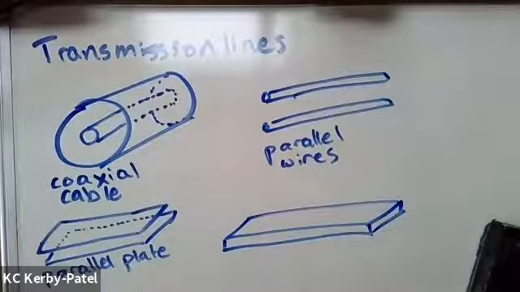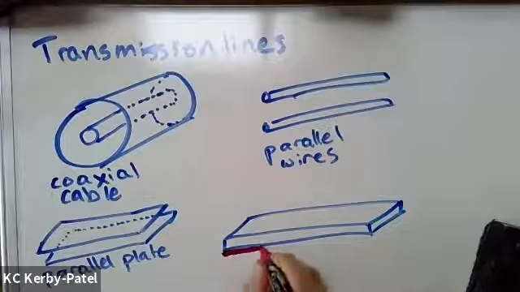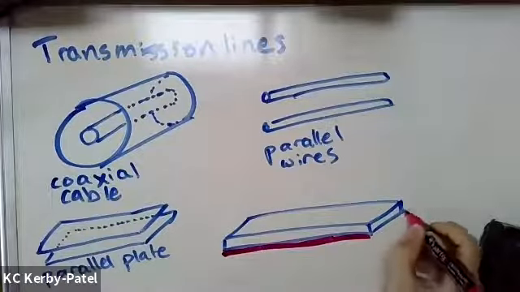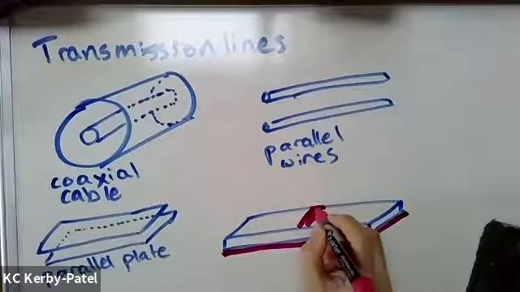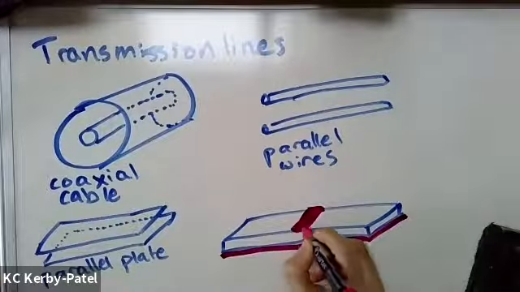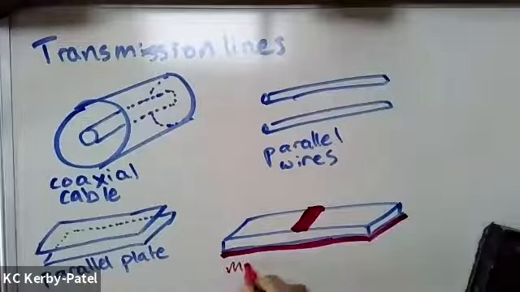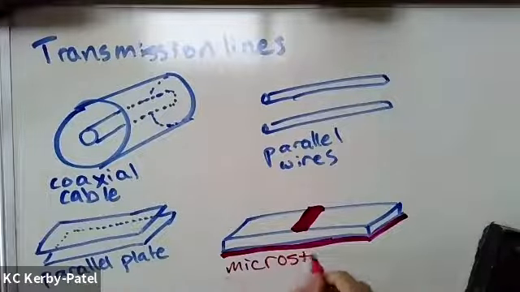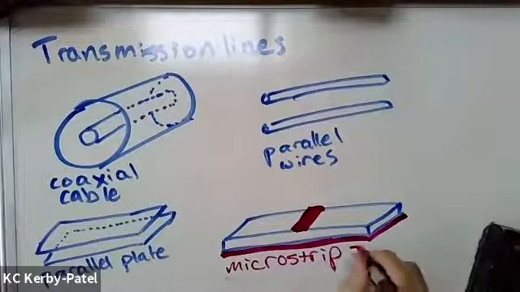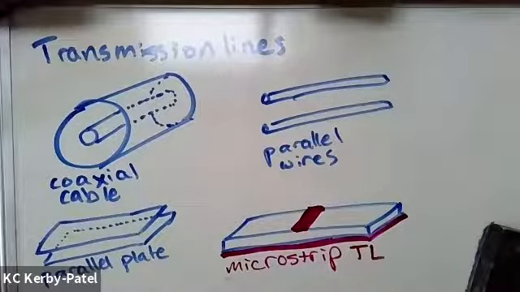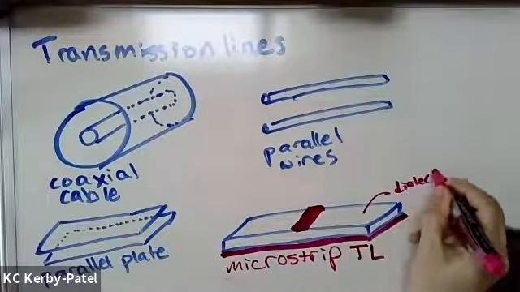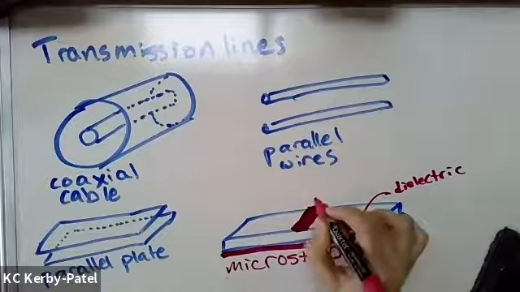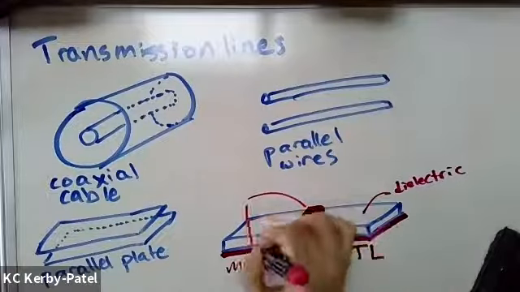I'm going to use two different colors for this one so it's easier to understand. And then you have a conductive ground plane on the bottom and a conductive strip on the top. So a microstrip transmission line looks like this, where that's a dielectric. And these are conductors.